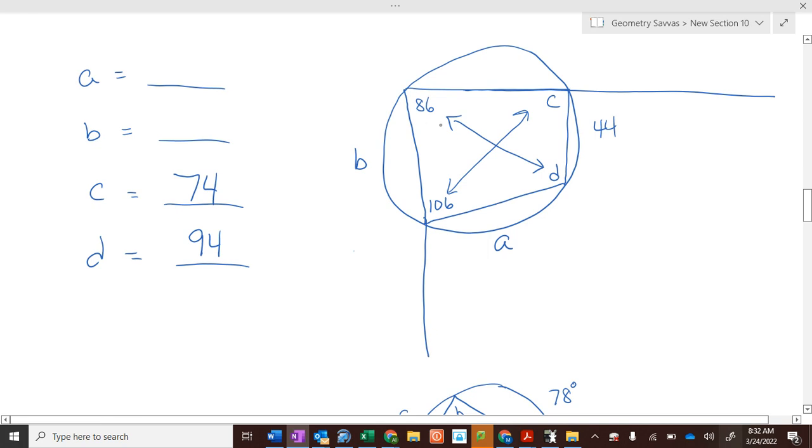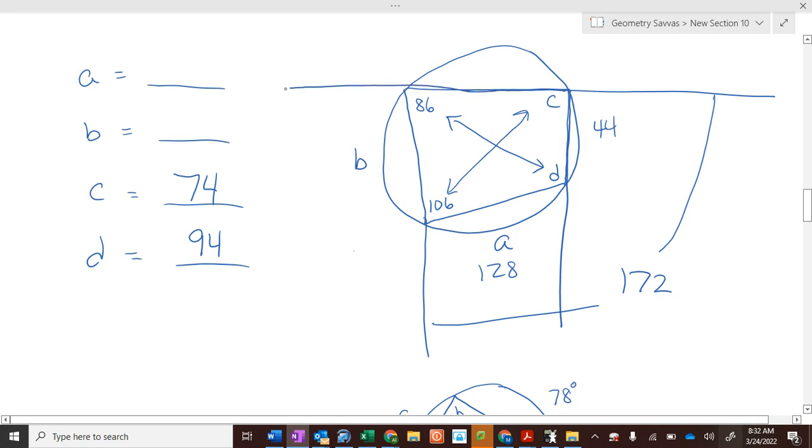if that's 86, what is this whole arc out here? 172. You multiply 86 by 2 to find the arc. This is 172 and this is 44. What's left for A? 128. Okay. Now, we know what C is, so then we can figure out B. C, we said, was 74.